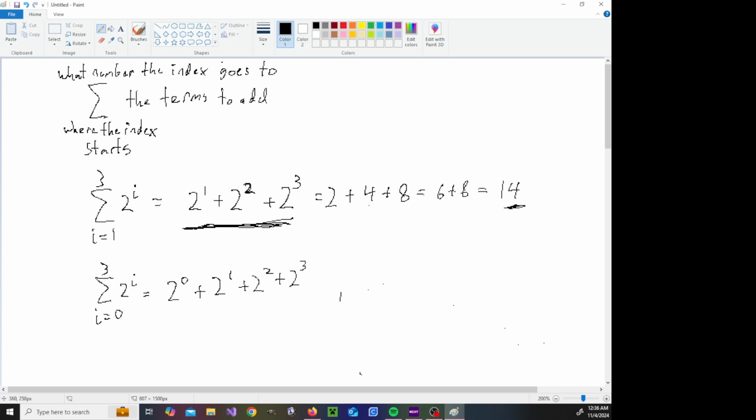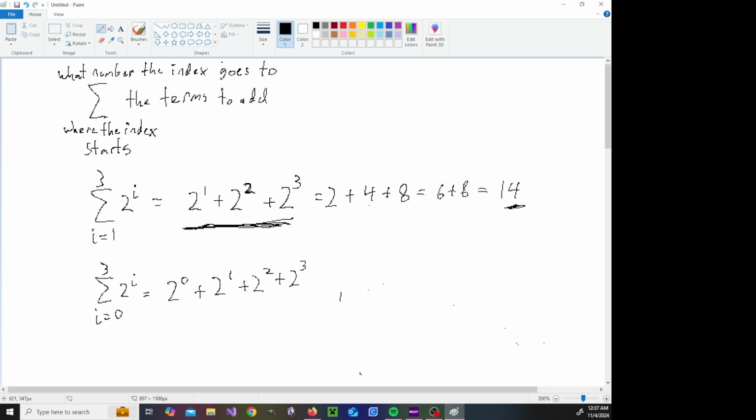So again, just looking at that number up top doesn't immediately tell you how many terms there must be. Because if I start at 1 and I go to 3, yeah, there's 3 terms there. But if I start at 0 and go to 3, there's 4 terms, right? How many numbers if I start at 0 and end at 3? 0, 1, 2, 3.